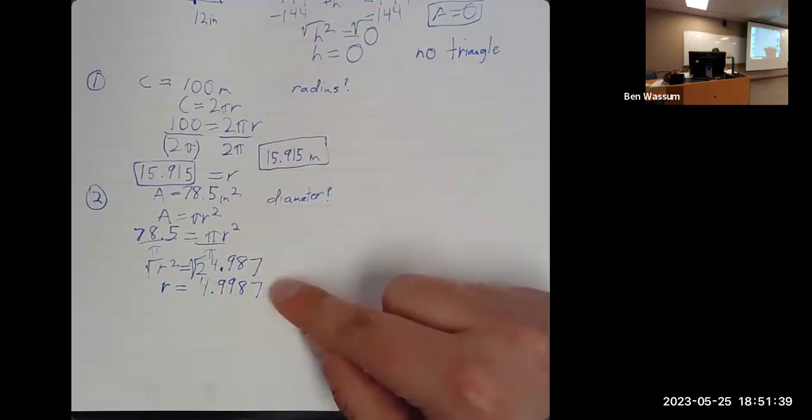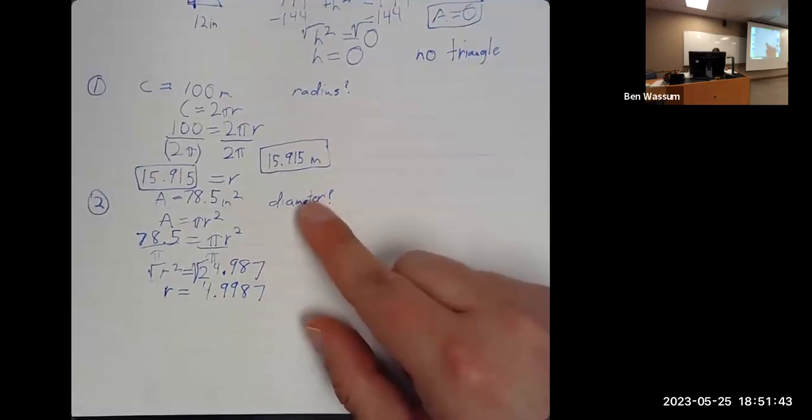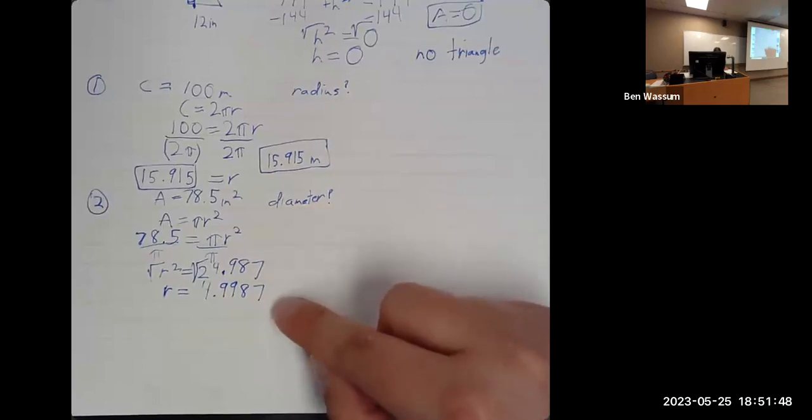Okay. So if that's our radius, what's our diameter? Well, the diameter is always twice the radius.